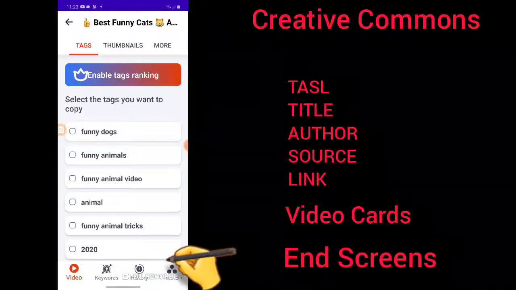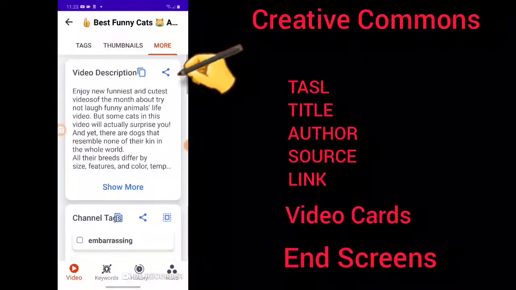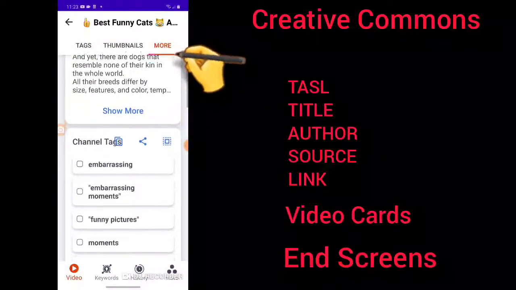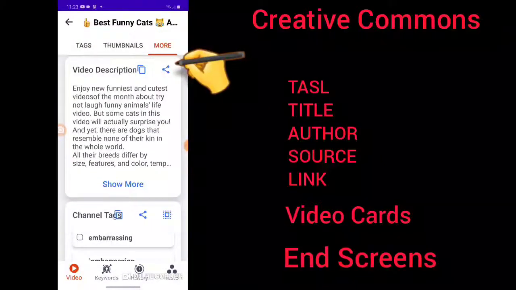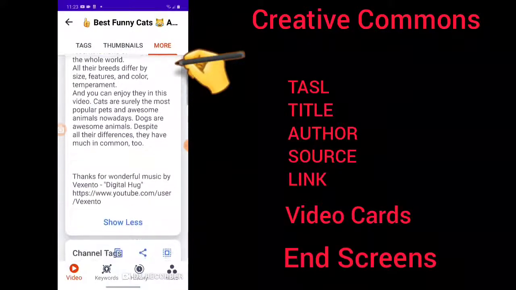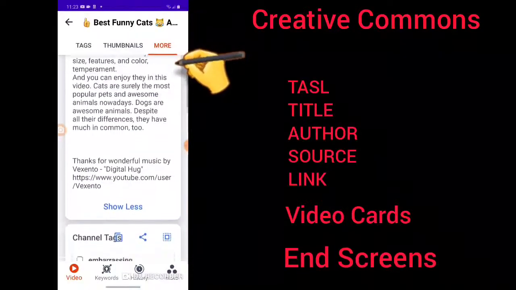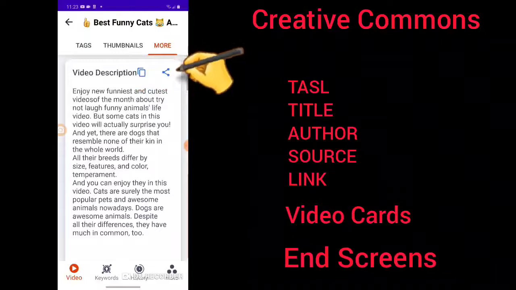And then here you can see tags, you can see the thumbnail, and you can also see the video description. If you choose to use a Creative Commons, here you will see if the description has the Creative Commons in it.